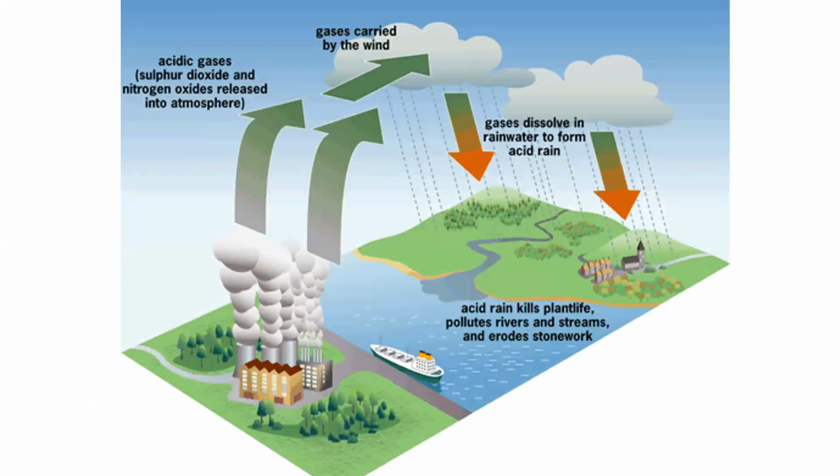This is just a little demonstration of how acid rain can form in one location, but can actually be carried and moved with the clouds and end up raining down elsewhere.